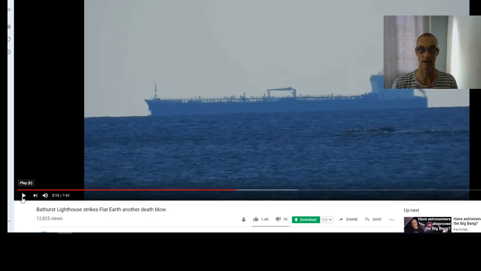When we look across a flat surface in this respect, what we will see is the surface beyond that ship appears in our field of view, and what we'll end up getting is a horizon that appears higher than the ship itself.